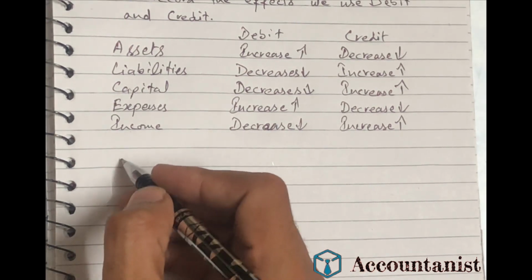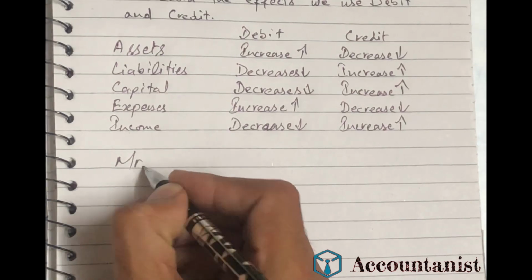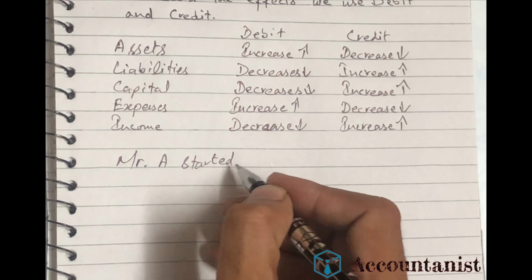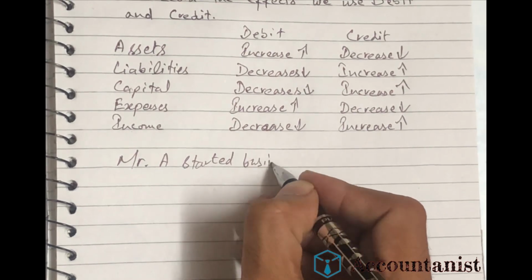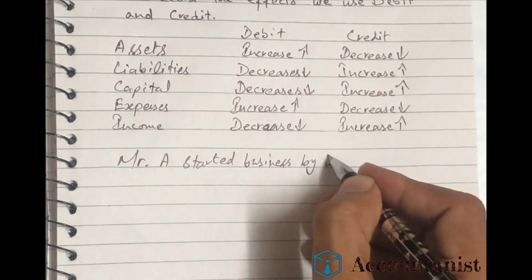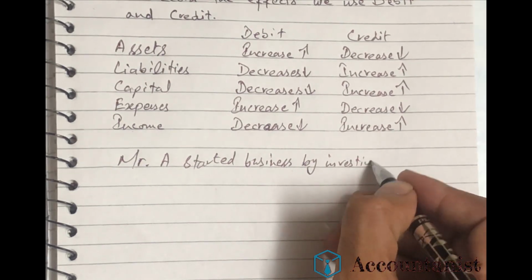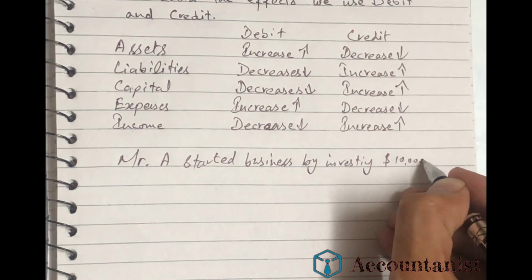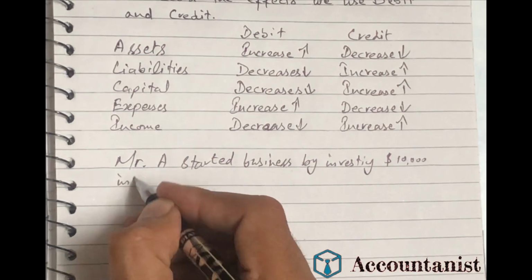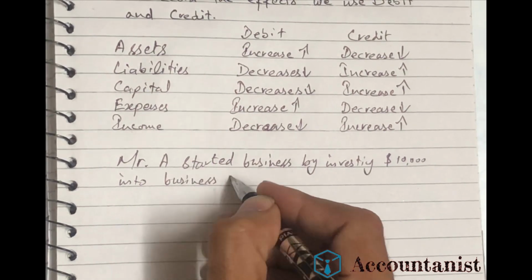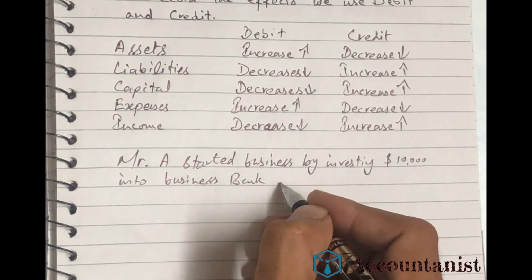For example, Mr. A started business by investing $10,000 into business bank account.